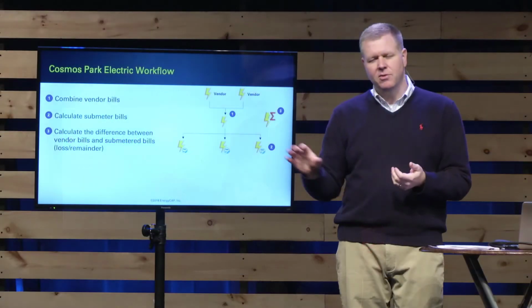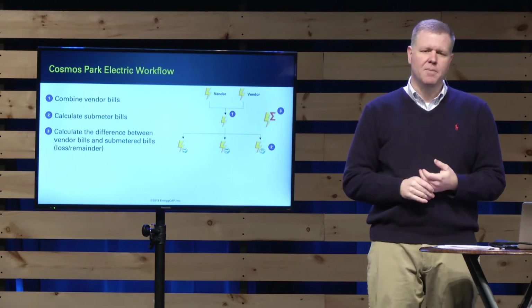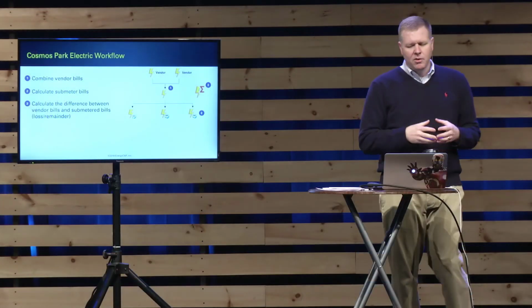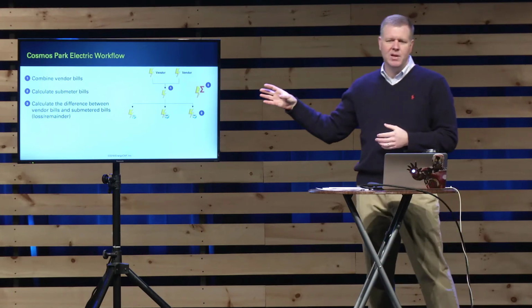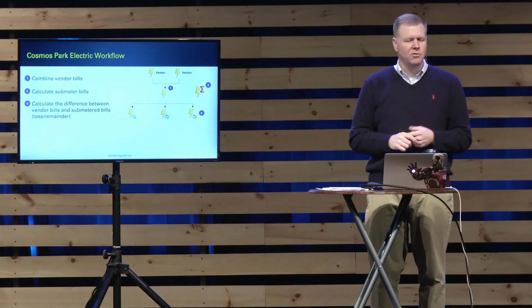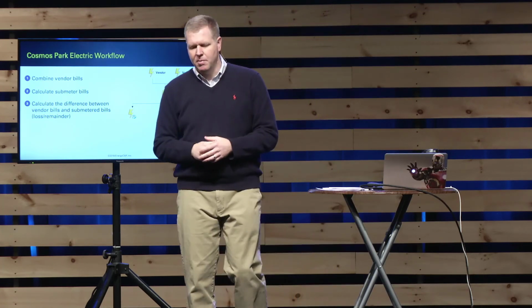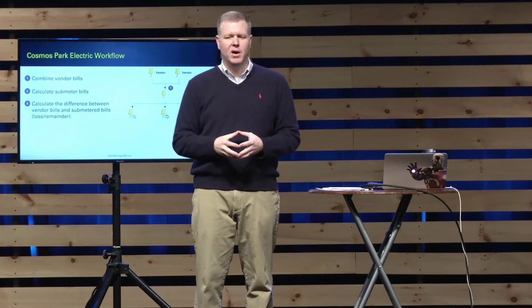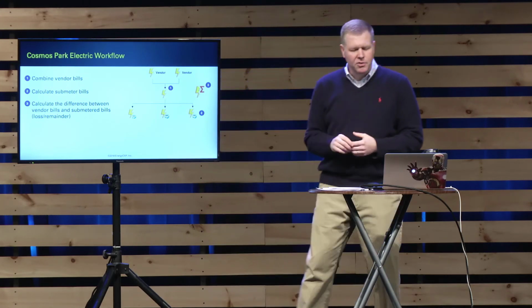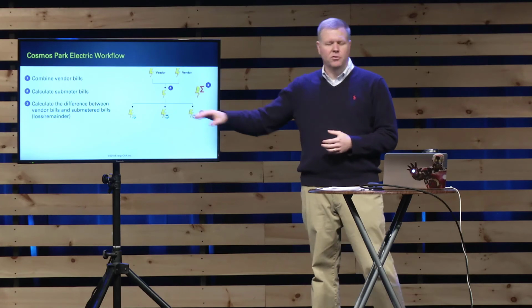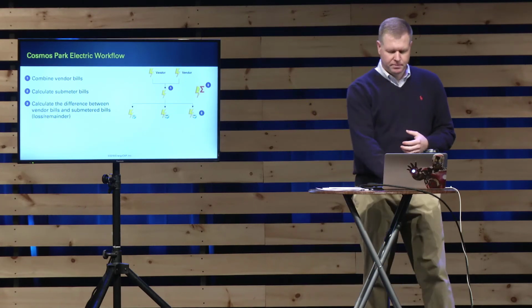Now this is a very simple example, but if you think about a larger system, let's say a university system, those types of calculations really help you identify where you might have inconsistencies in your system, unmetered use, you might have leaks on your system as well. So we're going to calculate the difference between our vendor bill and our submeter usage for the given month.